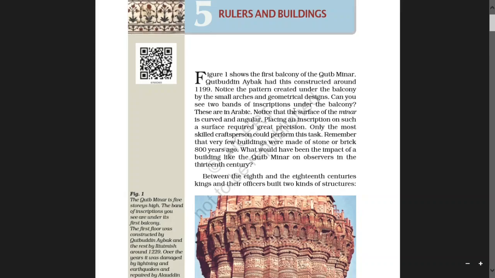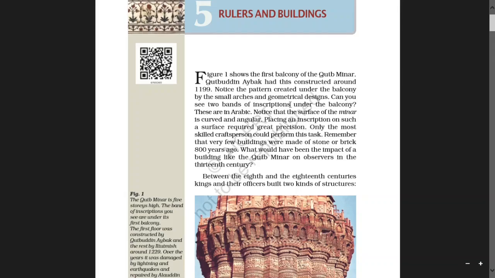Notice that the surface of the minar is curved and angular. You notice this? The surface of the minar is cup shaped and angular. Placing an inscription on such a surface required great precision.